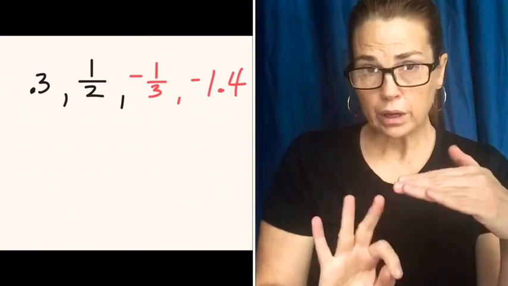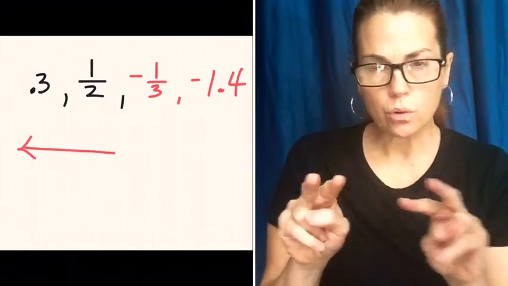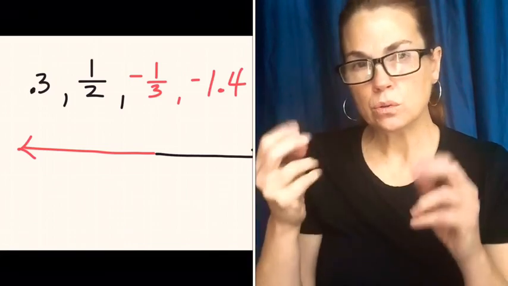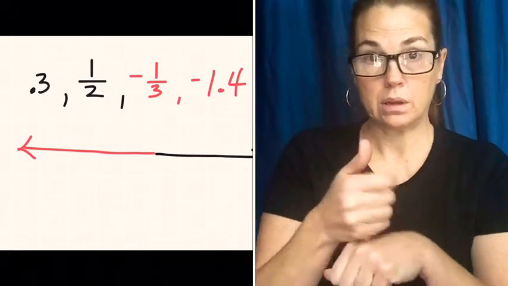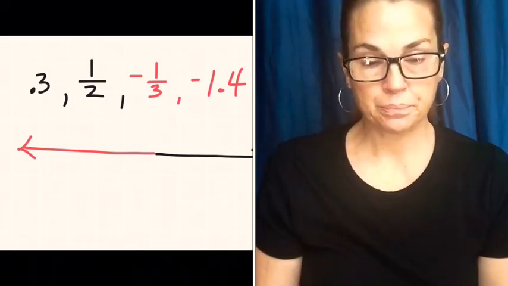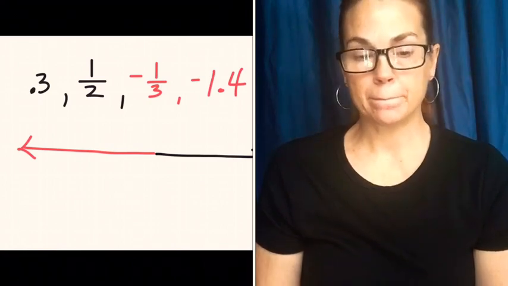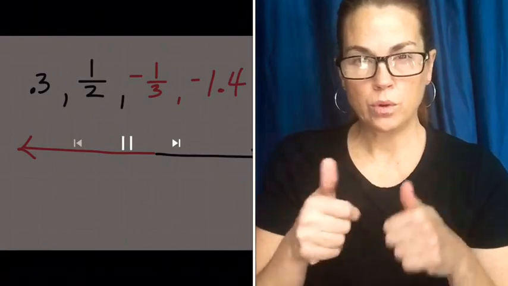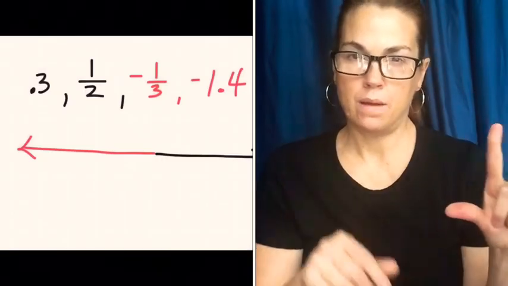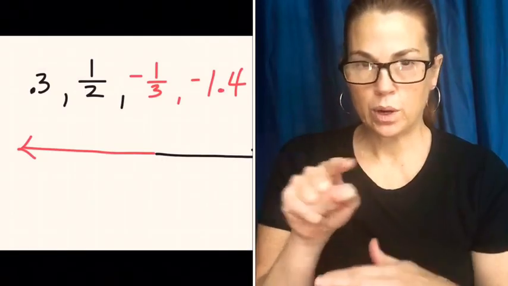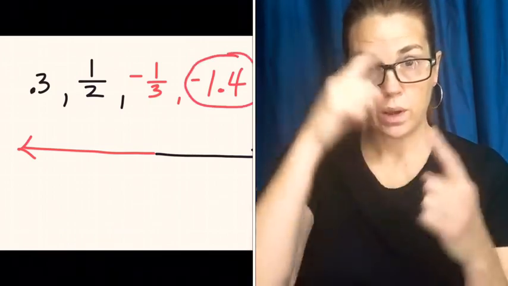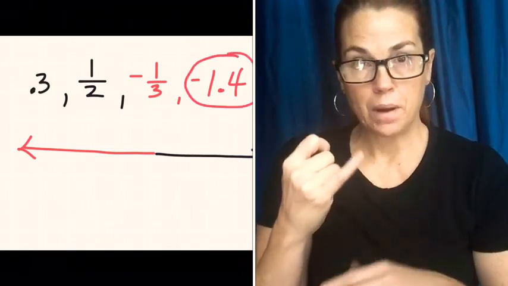For example, if I drew a number line, right, which of these 4 rational numbers would I expect to see the furthest to the left? Which one of these is the absolute least? Would we agree that the biggest negative would be the lowest number or least value?